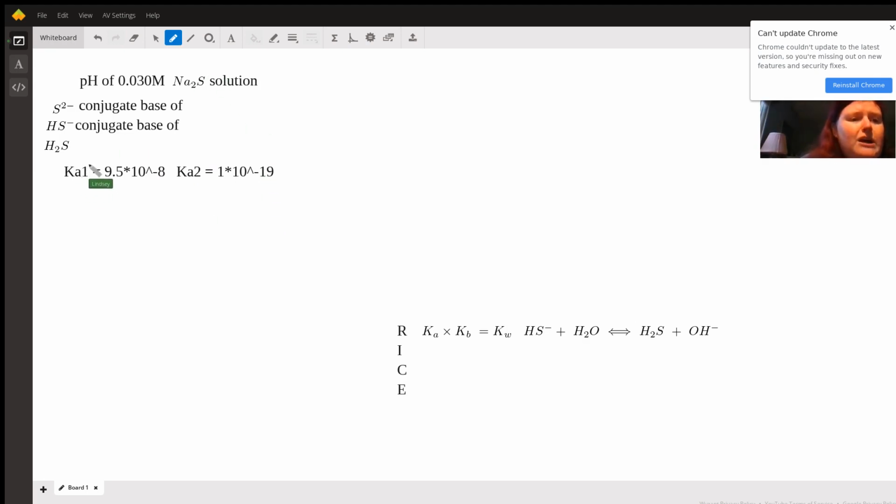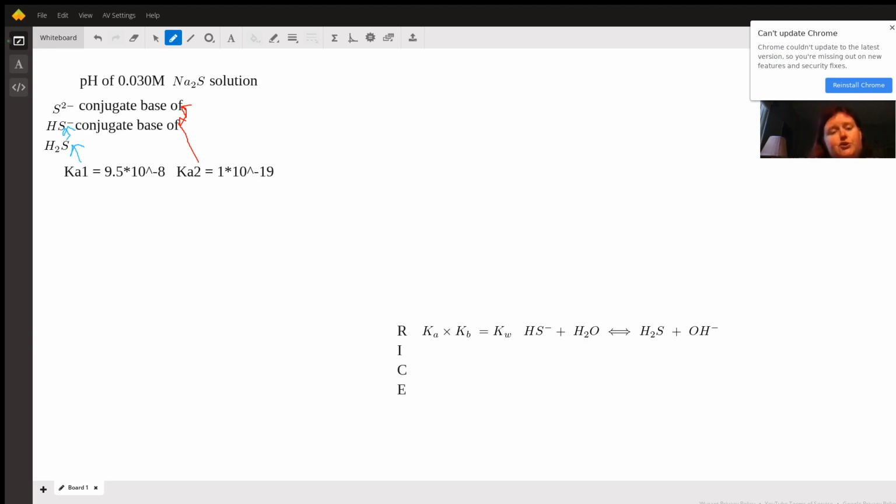Ka1 is going to be associated with going from H2S to HS minus, whereas Ka2 will be associated with HS minus going to S2 minus.